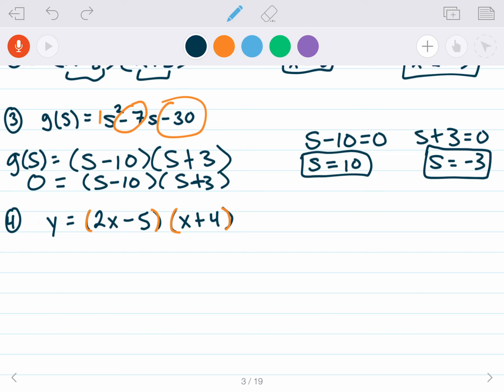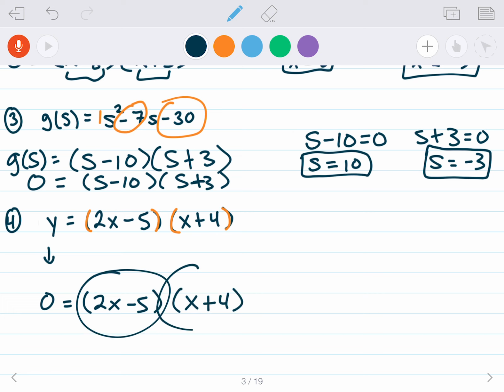First thing, since it's already factored, we can go ahead and set y equal to 0. And from here, I can set each individual factor equal to 0. So I get 2x minus 5 equals 0, and I have x plus 4 equals 0.